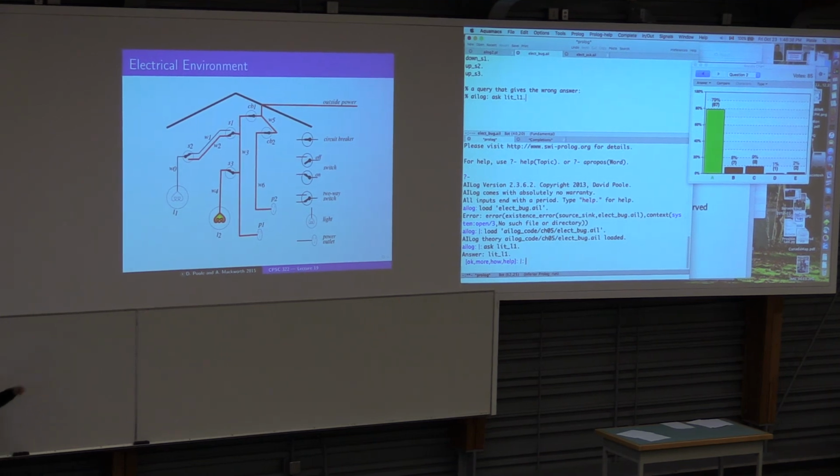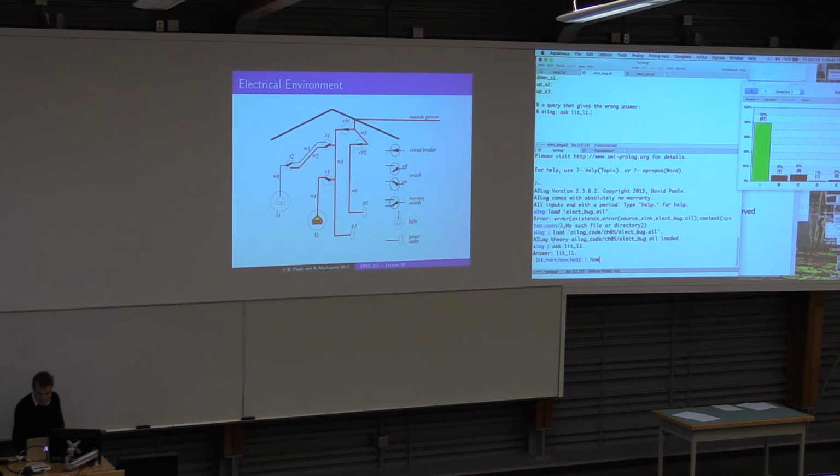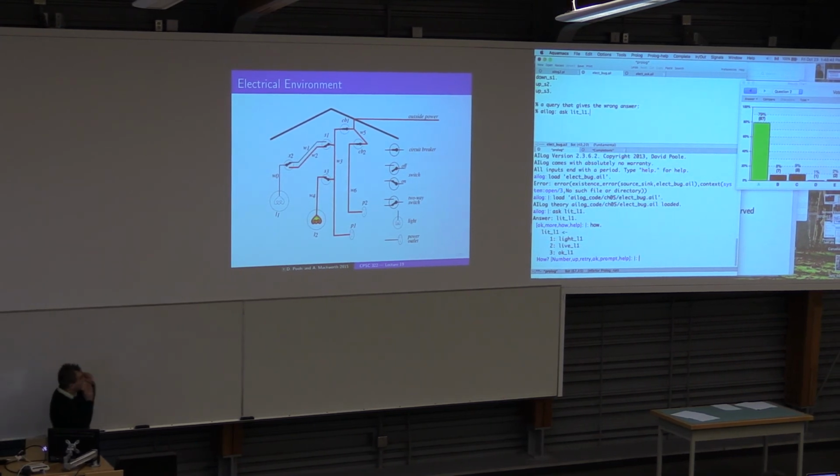If we ask how, and we've proved L1 lit, there must be a clause with that as the head where the body is all proved. So if we've proved L1 lit, here's what we use to prove it, light L1. Are all those three things true in the intended interpretation?